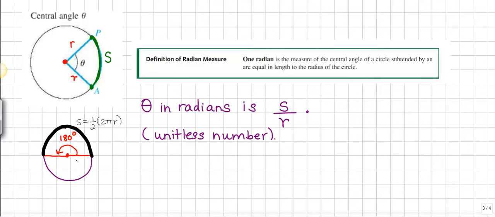And if the circle's radius were generically r, then the arc length is pi r.